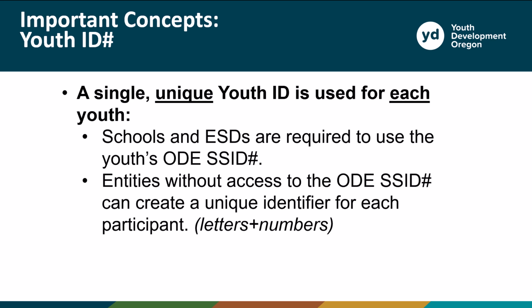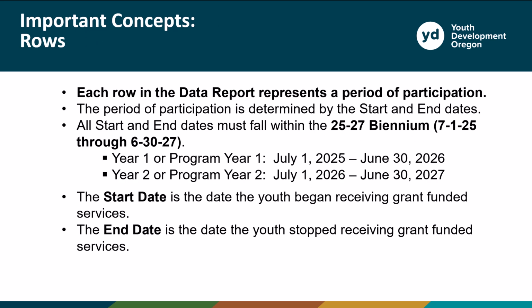All right, rows. So the rows in the data report represents a period of participation. And this is determined by the start and end dates, which must fall within the biennium.